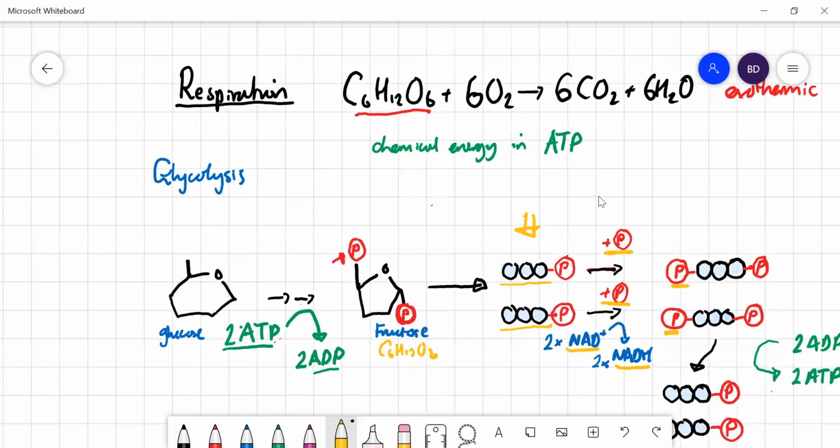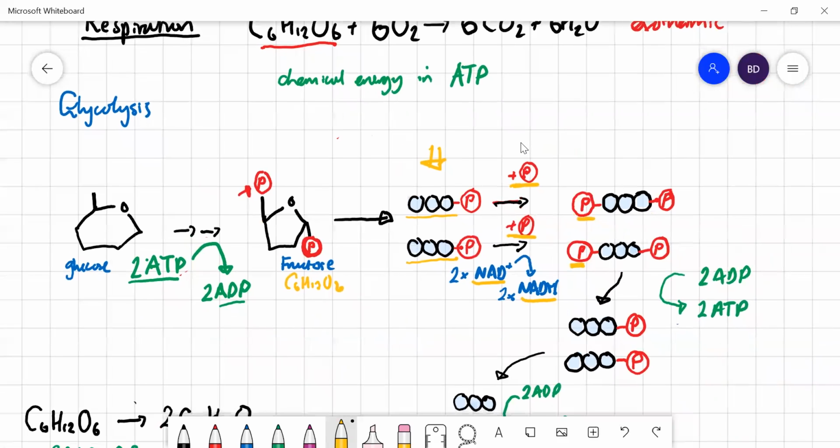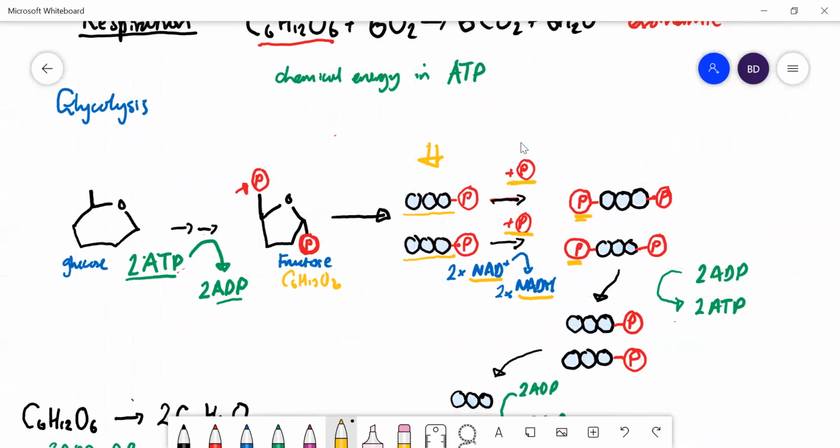In the next step, what happens is those phosphate groups are transferred onto ADP. So you end up making 2 molecules of ATP. So if you think what's happened there, you started off with inorganic phosphate, and by binding it to this 3 carbon unit, you've now managed to transfer it onto an ATP.